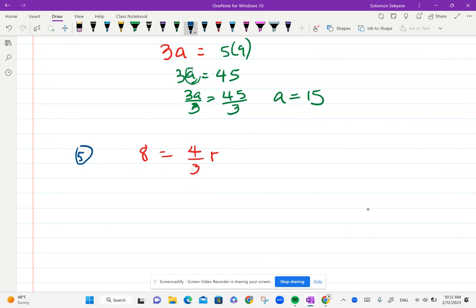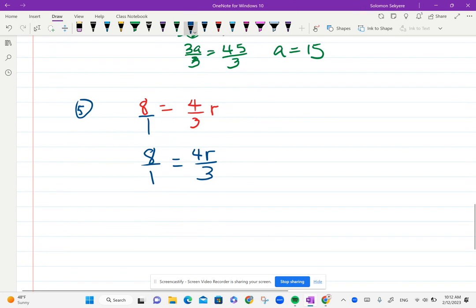And finally, look at this one: 8 equals 4 over 3r. What did I tell you? Make it over 1, so you say 8 over 1 is equal to, and always rewrite it: it is 4r over 3. It's the same thing. We've rewritten it, and I say do which part first?